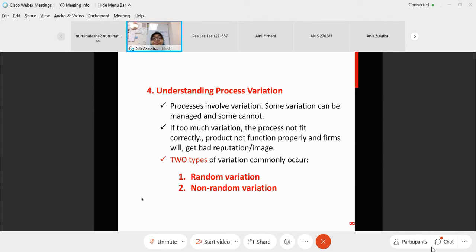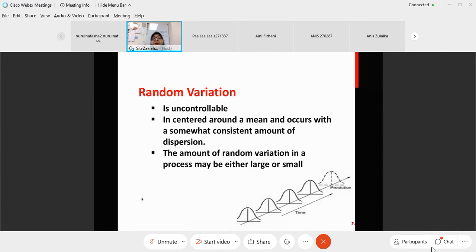Right? So here we want to look at variation. Variation ada dua. There's two types of variation. One is random variation and one is non-random variation. Okay? Random variation ni you can't control.